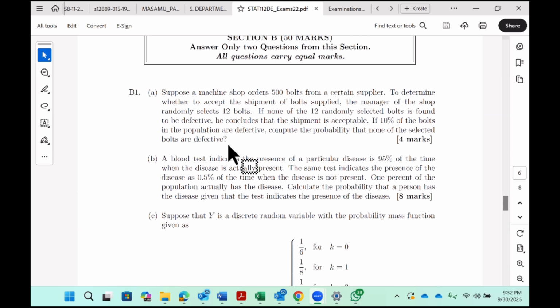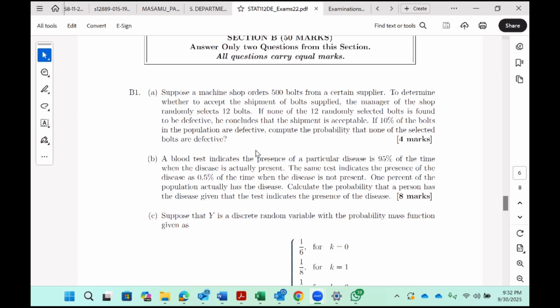So here, we assume binomial, so your n is equal to 12 and your p is equal to 0.1, that's 10%. So you have X follows binomial with n equals 12 and p equals 0.1.